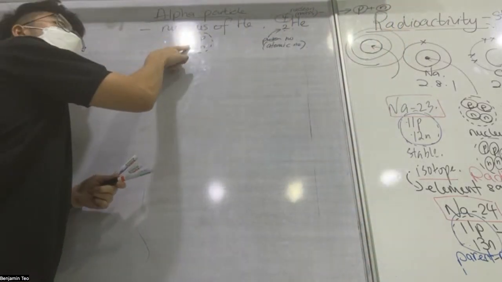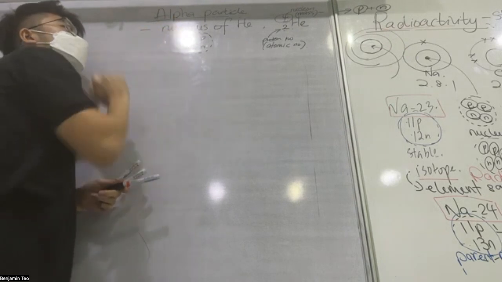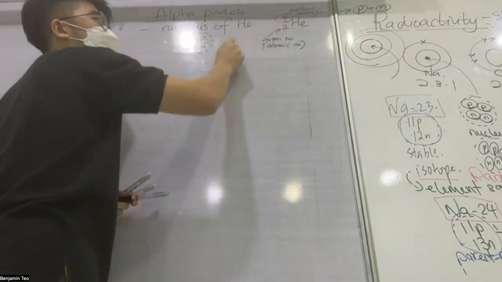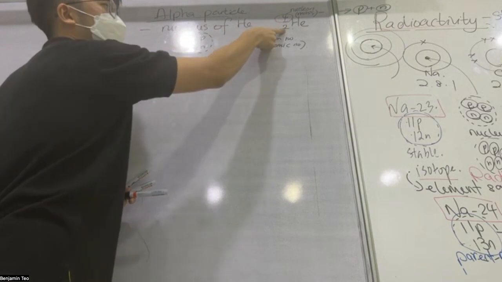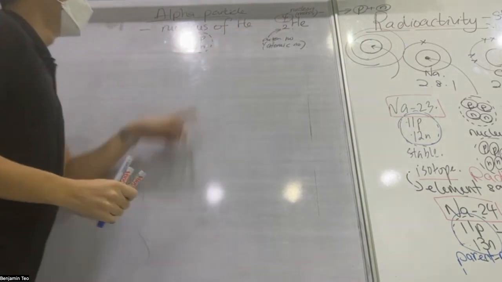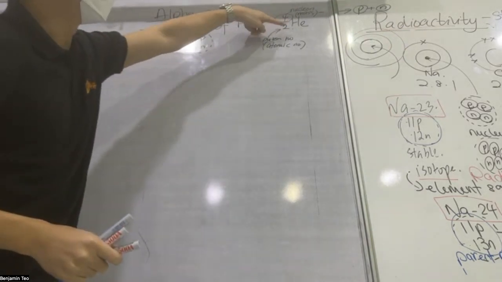So how many nucleon do I have? Two, four. Then the protons. This one minus this one is your neutron.